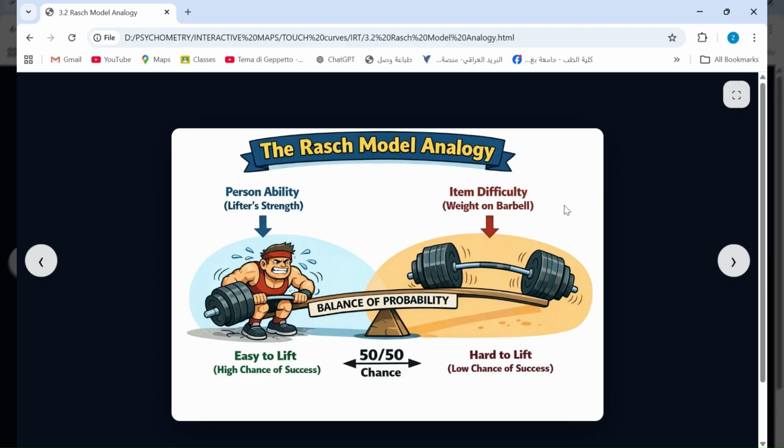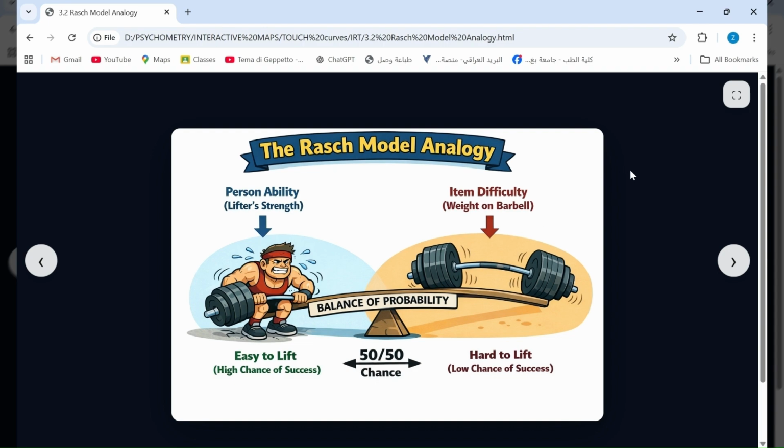We may delete some questions, we may revise some questions in order to make them fit the Rasch model, as long as they don't affect validity and reliability and other measures. Especially as long as the removal of these questions doesn't affect validity, they will be recommended to be removed in order to fit the Rasch model.